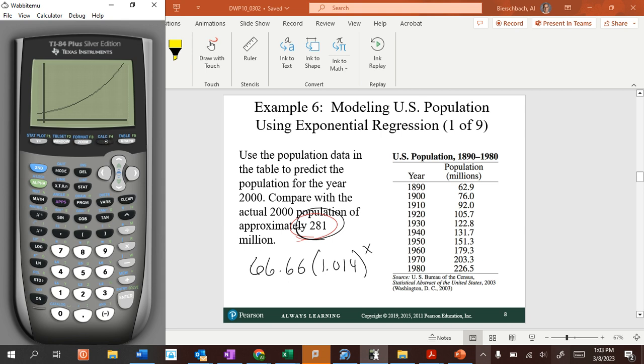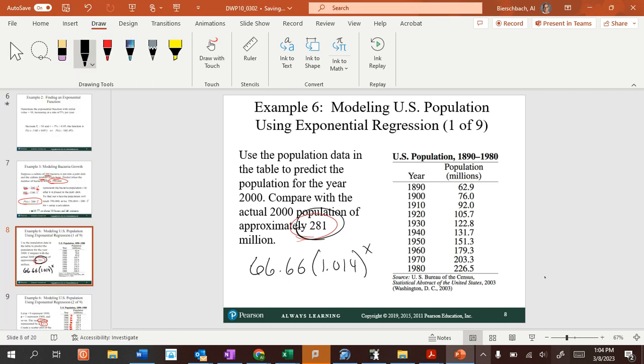Now, what I want to see is I want to trace what the population is in the year 110. And it's about, according to our data, you should have about 309 million in the US instead of 281. So our exponential guess going on the data went up a little bit faster than what the actual population was. Okay? So that's using our graphing calculator.